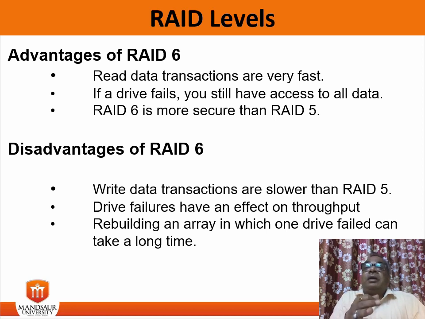Reports say the write performance is around 20% lower. Reading is very fast, but writing is slower due to the additional parity, and the performance is lowered by about 20%.